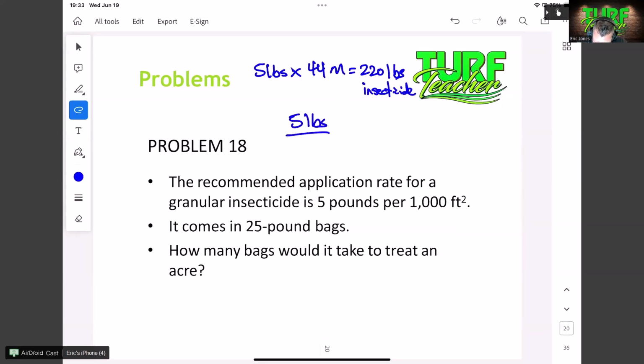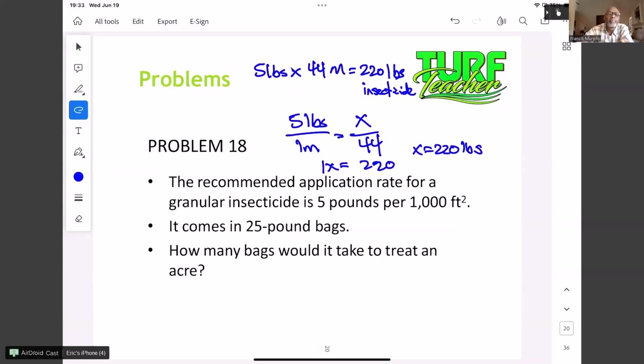5 pounds per thousand equals X over 44. 1X equals 220. X equals 220 pounds. We're going to divide that by our 25 pounds.